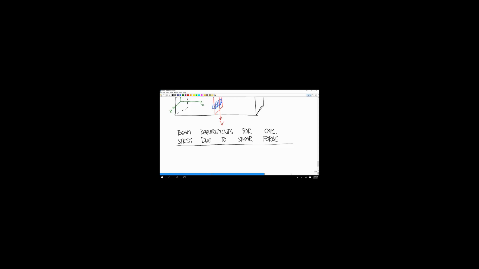Well, there are only two shapes that we can deal with. The first one is a rectangular shape, a rectangular cross section. And for these results to be good, we need the height to be greater than the width.